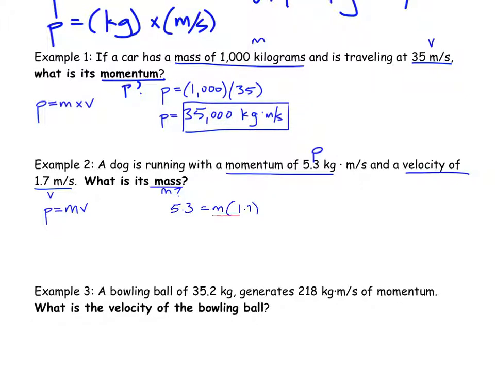So to get rid of 1.7 on the right, I have to do the opposite operation, and that's to divide by 1.7. And whatever I do to one side, I have to do to the other side. So this side cancels out, and I isolate m. And 5.3 divided by 1.7 gives me 3.12. And my units for mass are still kilograms.